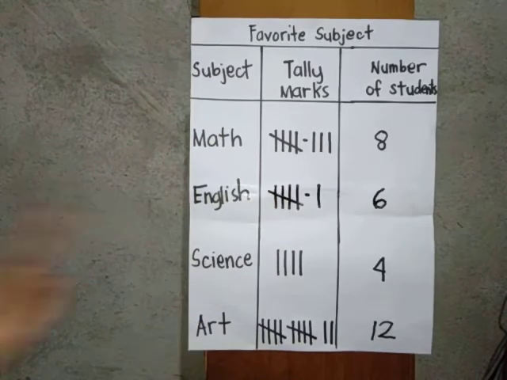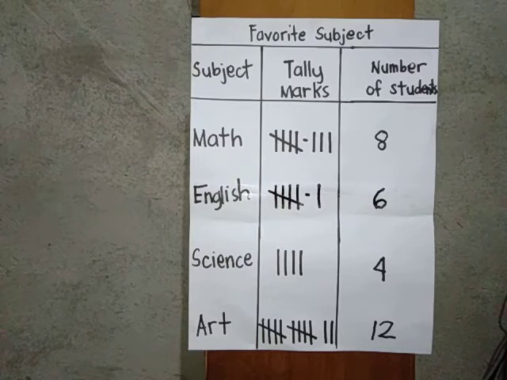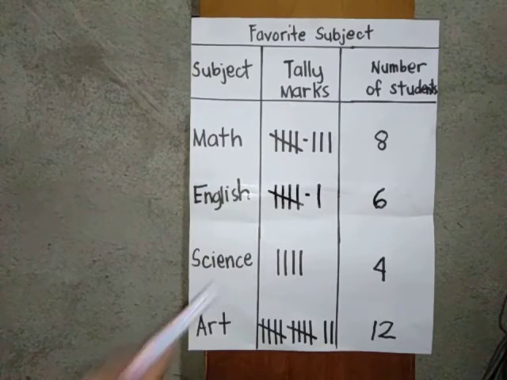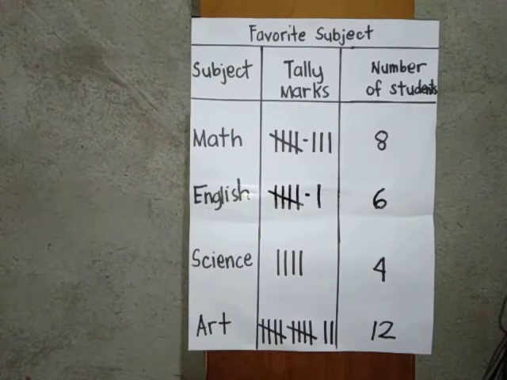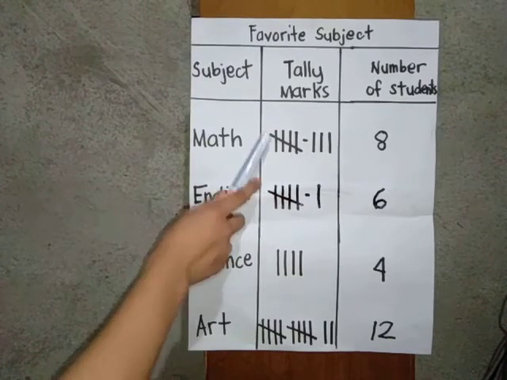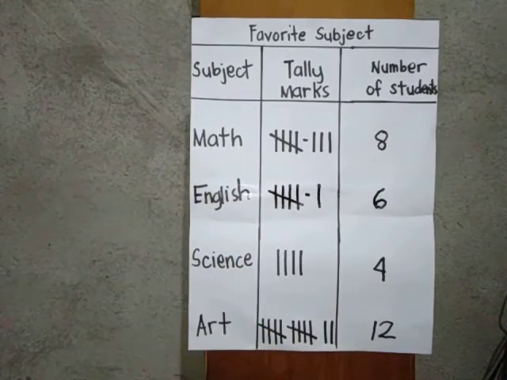We use tally marks to find the number for each object. Finally, we count the tally marks to find the total number of items of one kind in each line. We just count the tally marks before writing the number of students. That's how it works. I have here another table for you.